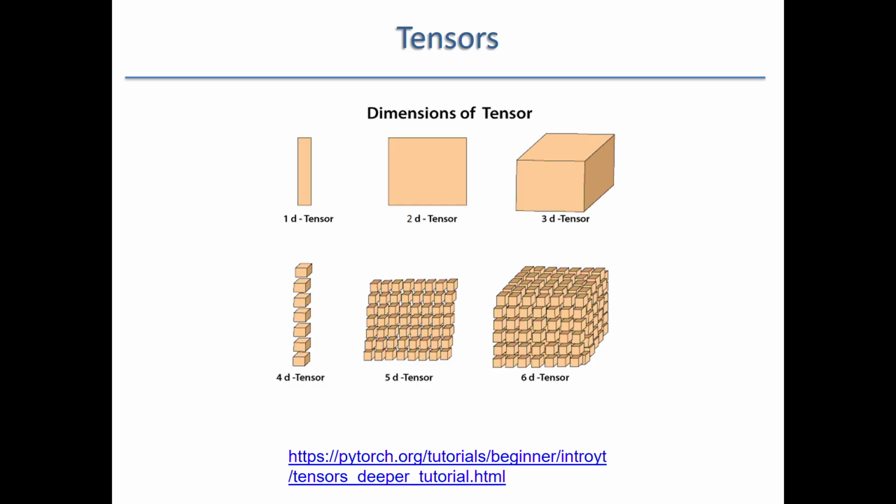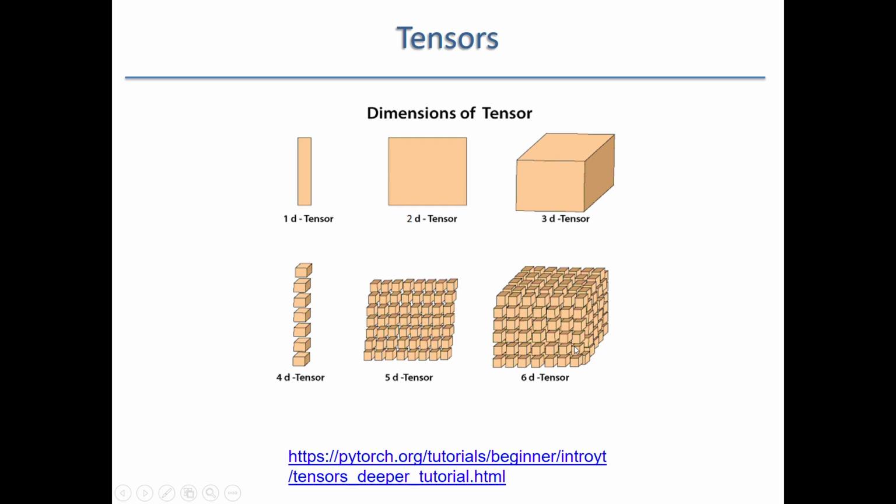So you can have a 1D tensor in which all the numbers are a linear array of numbers, or a 2D tensor like an image, a 3D tensor, a 4D tensor. A 4D tensor would be a collection of 3D tensors. A 5D tensor would be a collection of 4D tensors, and so on.